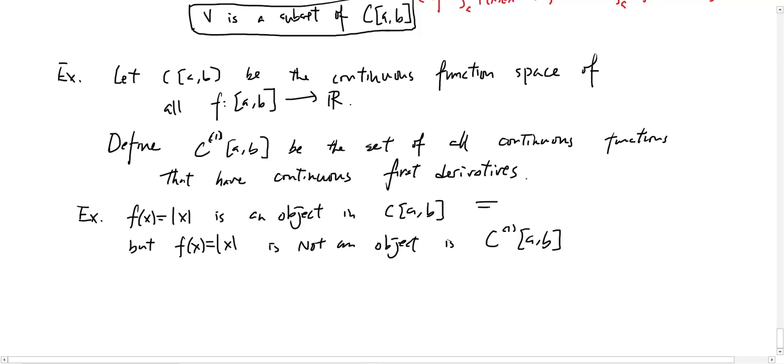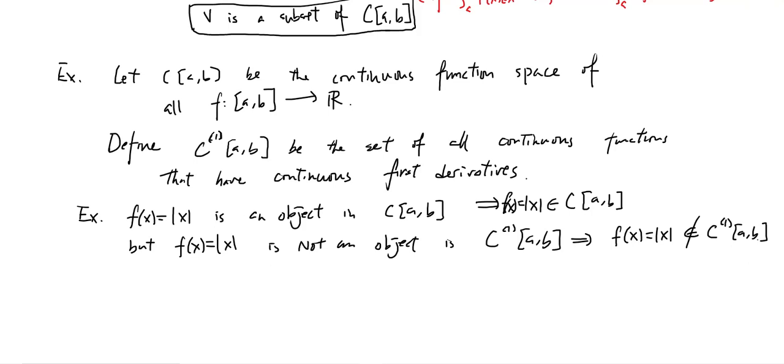So this statement basically says that f of x equal to absolute value of x is in the continuous function space, but f of x equal to absolute value of x is not in the continuous first derivative function space. So that's an example of a function that behaves that way.